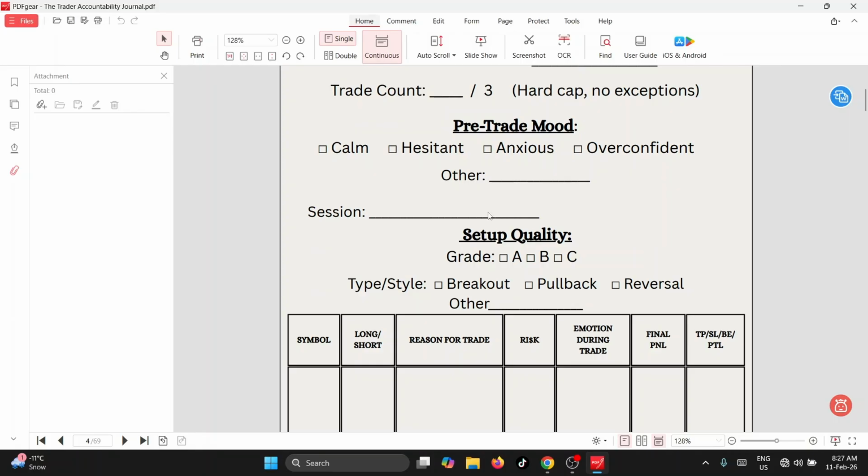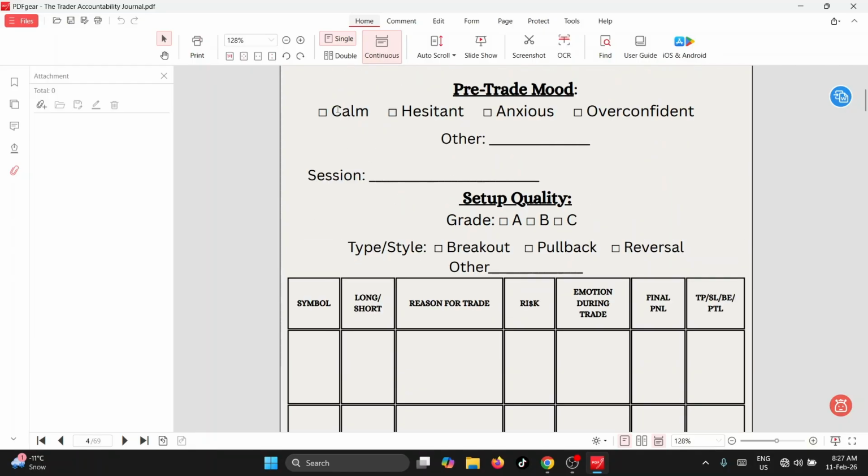Most of the time I notice that when I'm hesitant, anxious, or overconfident, most of my setups fall between B and C. And obviously, a B or C setup is more likely to fail. So always stay calm, and always pick out your A-plus setups only.